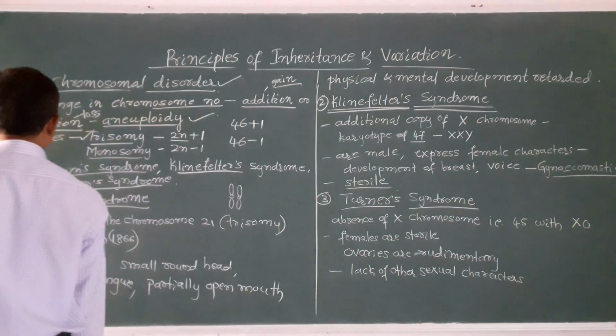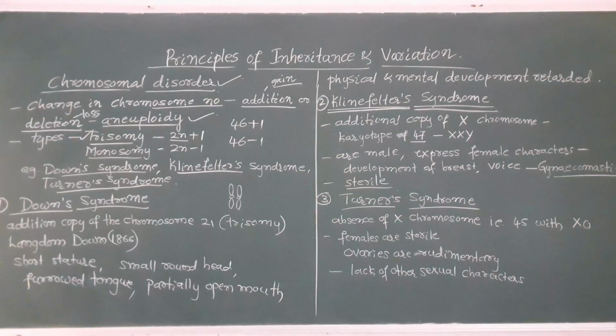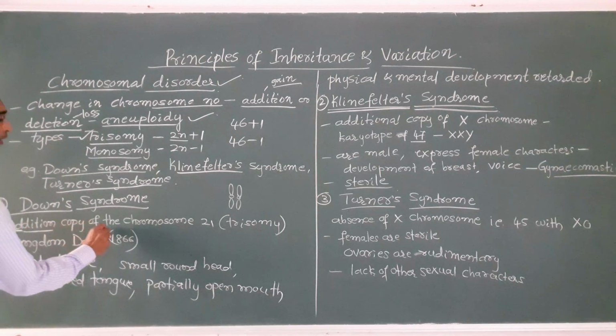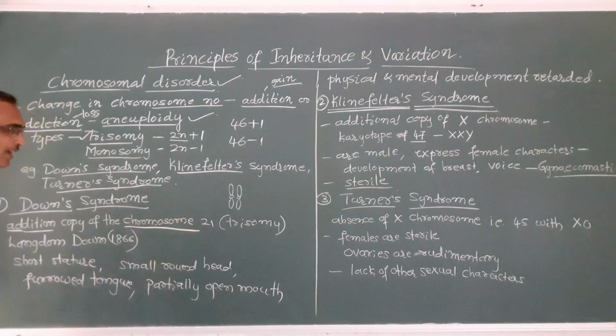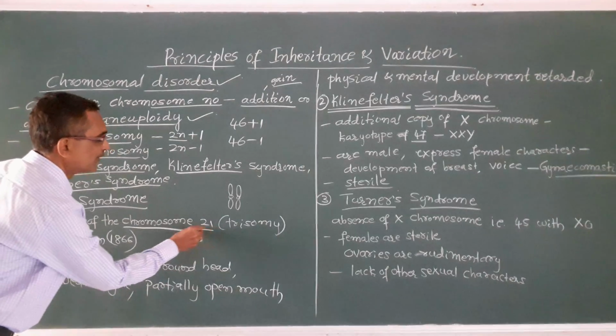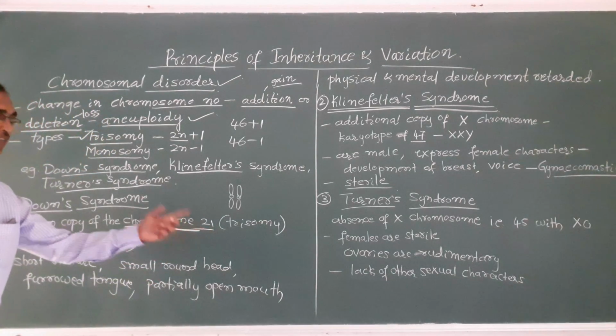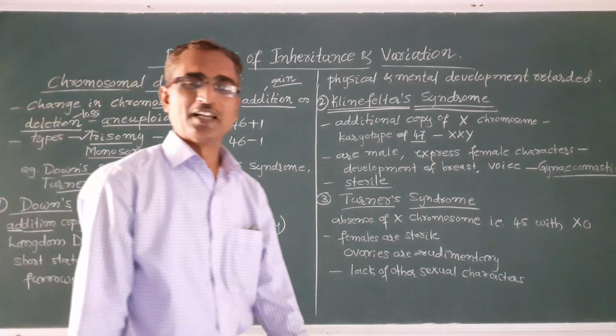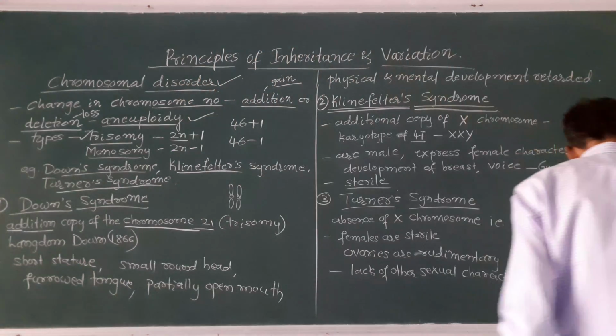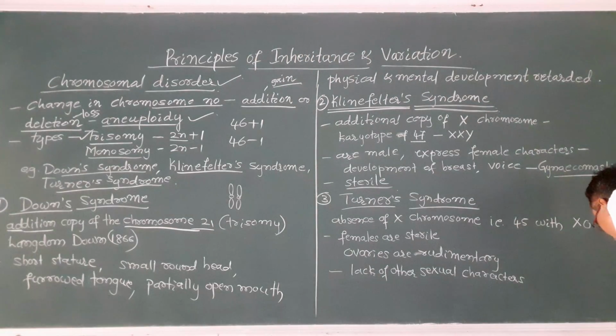The first one is Down syndrome. Here there is addition of a copy of chromosome 21. In chromosomes we have autosomes and allosomes.